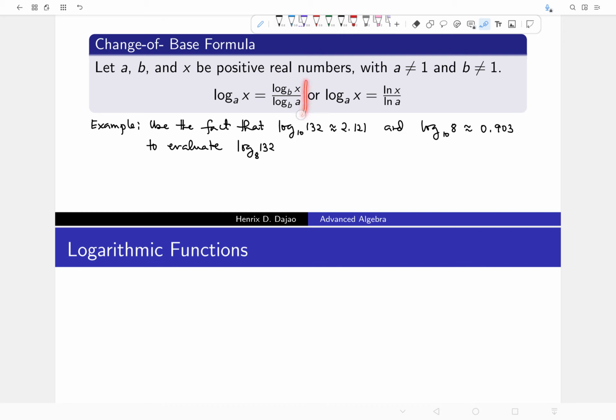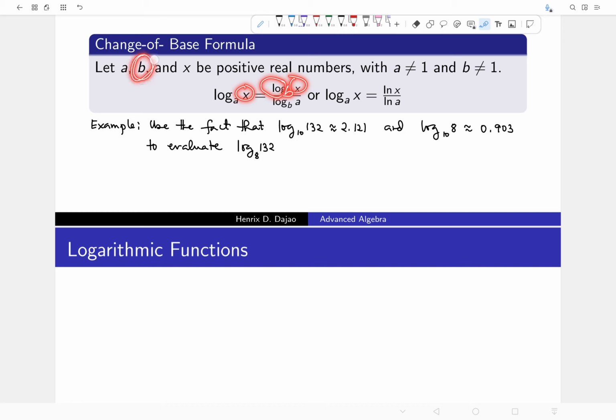So now this is called the change of base formula. log of x with base a is equal to the log of x with base b.